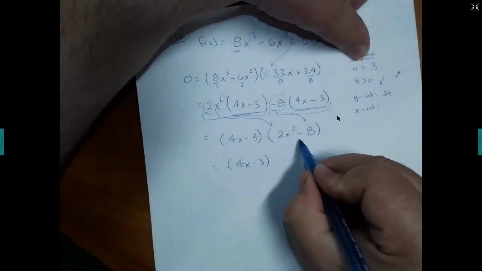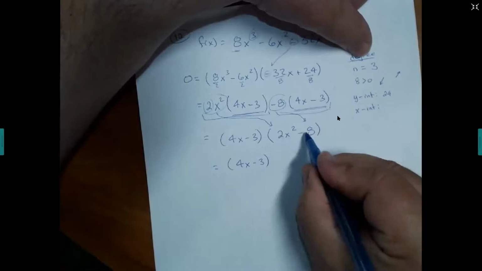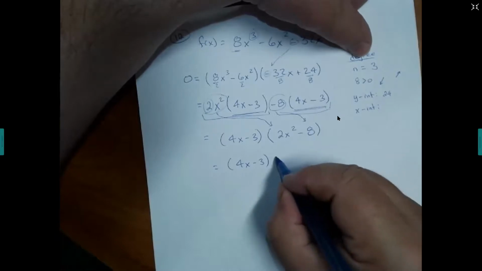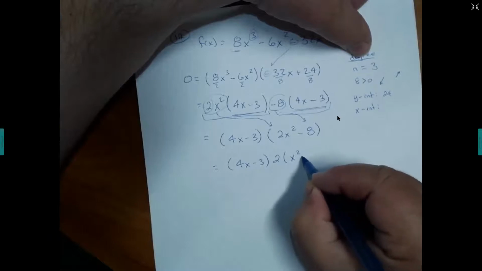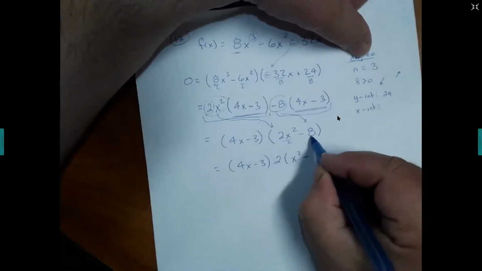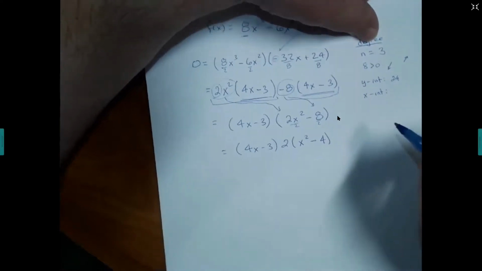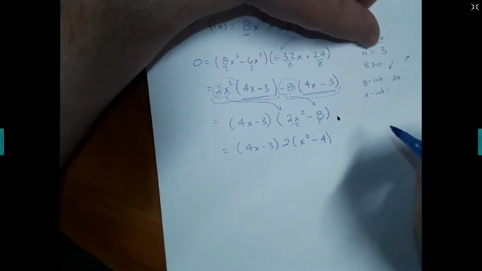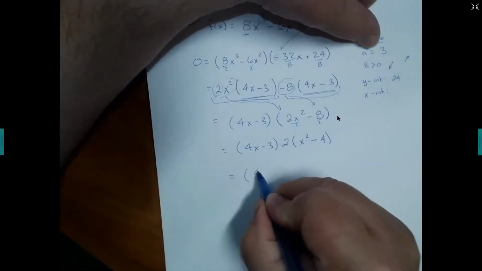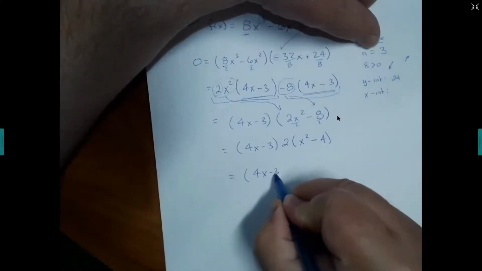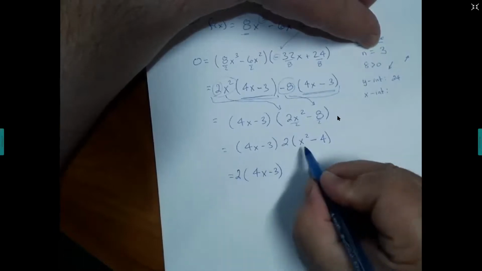Yeah, what do they have in common? They both have a 2, don't they? So I take out, divide by 2, I got x squared. 8 divided by 2 is 4. Put the 2 way on front.